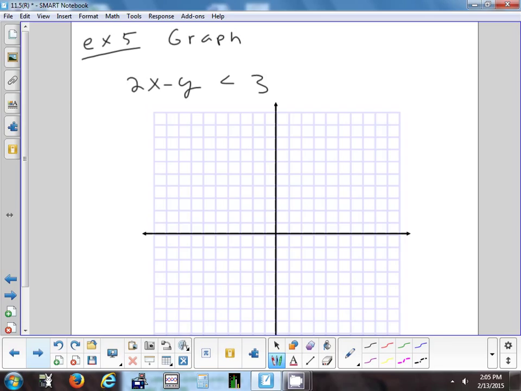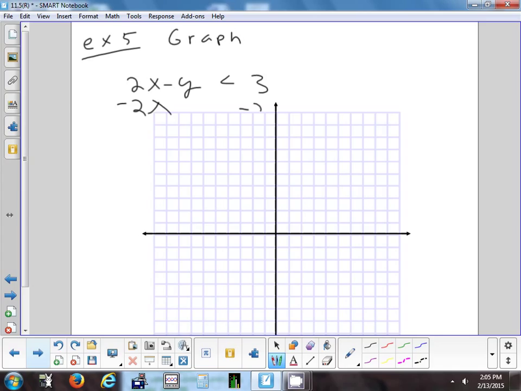2x minus y is less than 3. What do I got to do first? I got to get y by itself. Good. Anybody tell me what's my first step? Subtract what? Careful, there's something with the 2. The x.